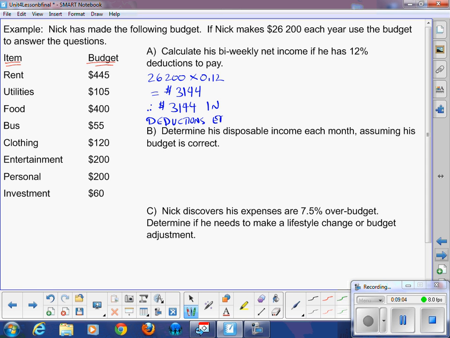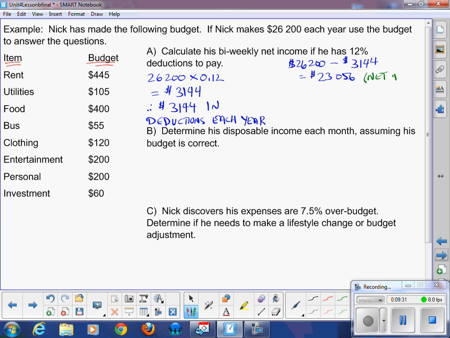Deductions each year. All right, so we take 26,200, and we're going to subtract off 3,144, and what that will give us is our net pay. So that means his net pay will be $23,056.